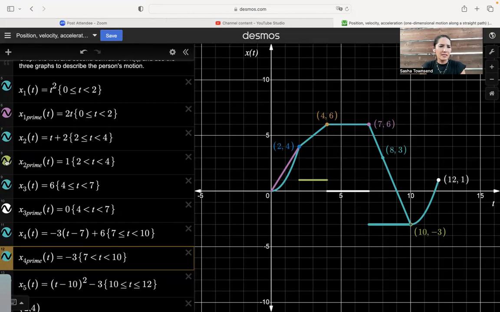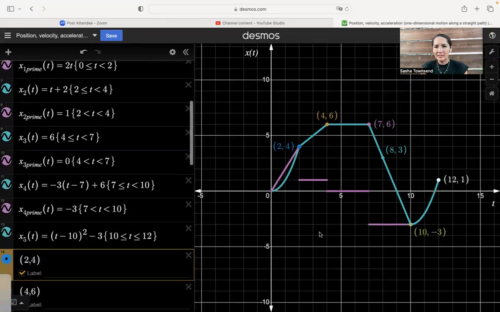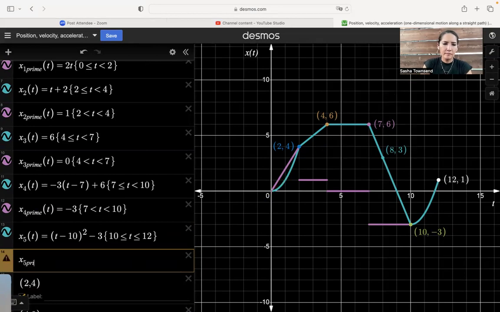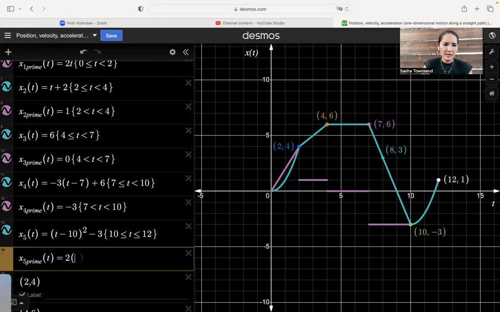And I want these all to be the same color, so let's make them all purple. And then for x sub 5, which is just the fifth piece of my piecewise function, I have the derivative of this expression. And that was 2 times the quantity t minus 10.